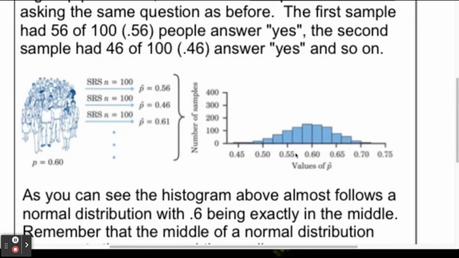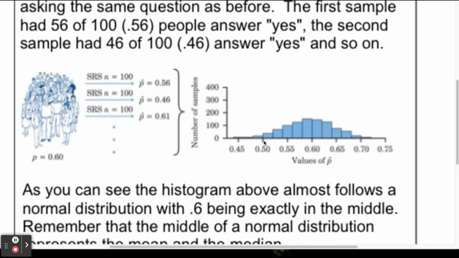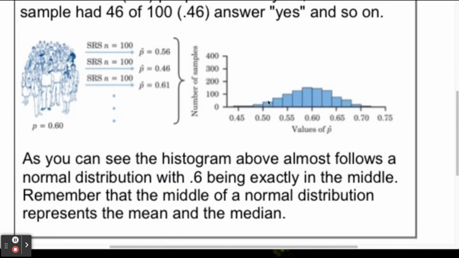And so what this does is allow us to get a better estimate of what the population thinks. Again, the parameter for the lottery was 60%, and notice where the biggest two bars are, right around 58 to 62%.